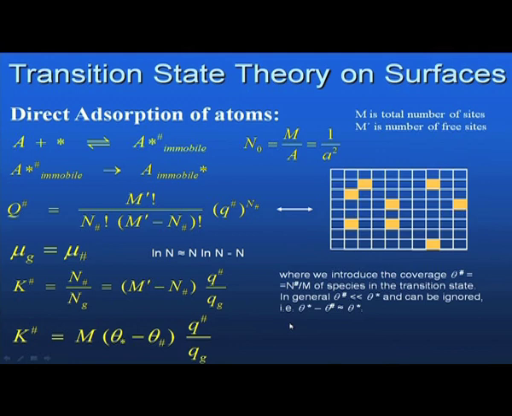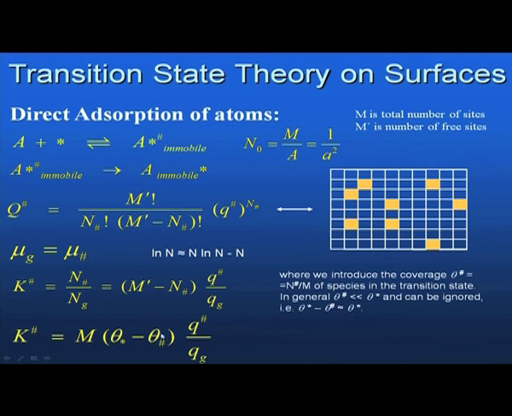Here we introduce the coverage theta for the activated species, which is equal to n double dagger divided by m, the species in the transition state. In general this one is much less than the theta star state, and it can be ignored, as a result of which theta star minus theta double dagger may be approximated to theta star.